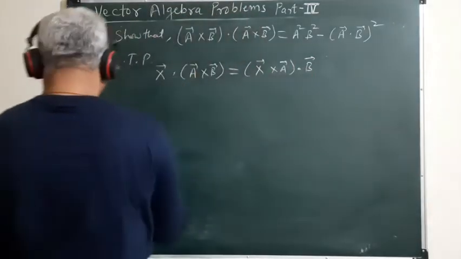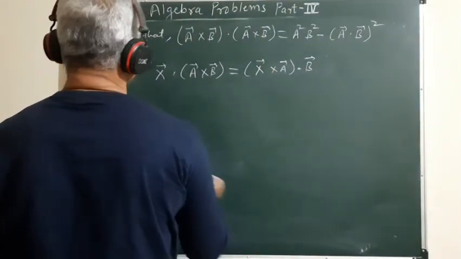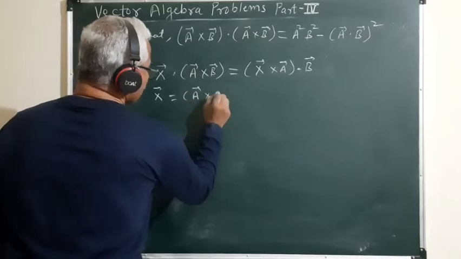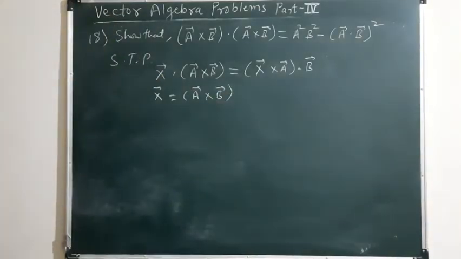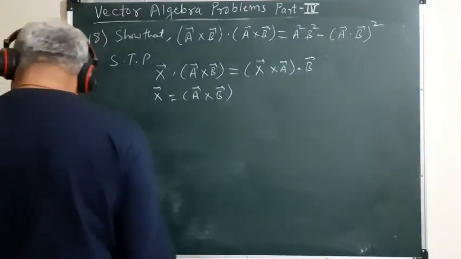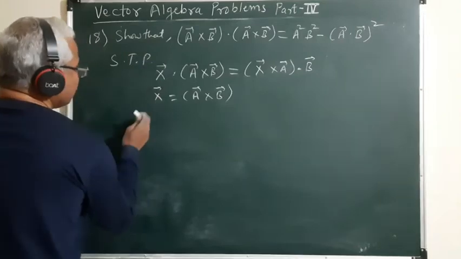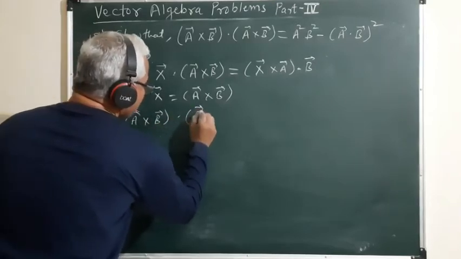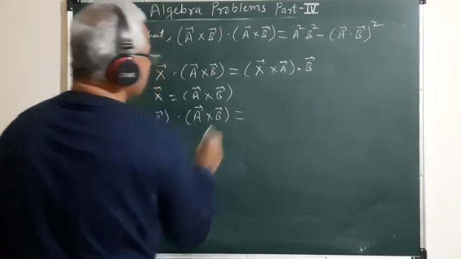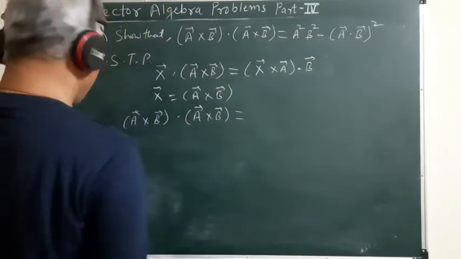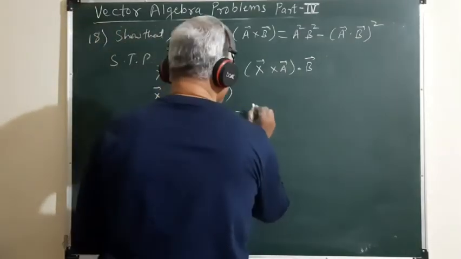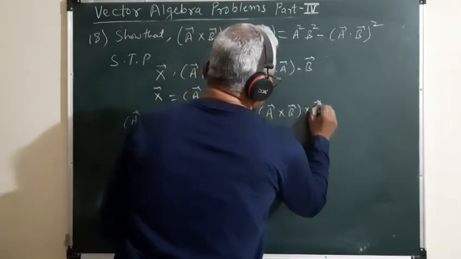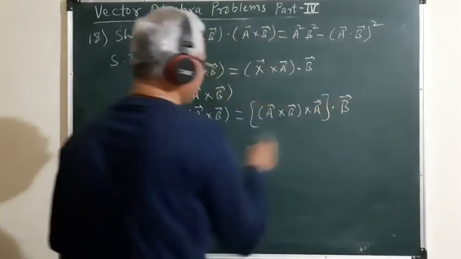So now, if we replace x bar by a bar cross b bar, then what we'll get, the left hand side will be a bar cross b bar dot a bar cross b bar, and here if we replace this x bar by a bar cross b bar, it will be a bar cross b bar cross a bar dot b bar.